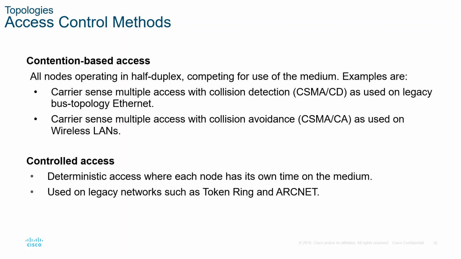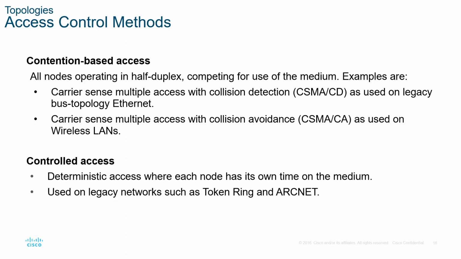To avoid this, we need a certain method. This has been mentioned before. In bus topology Ethernet, or if you are using a hub, we will use the CSMA/CD method. In the wireless LAN, we will use the CSMA/CA method.